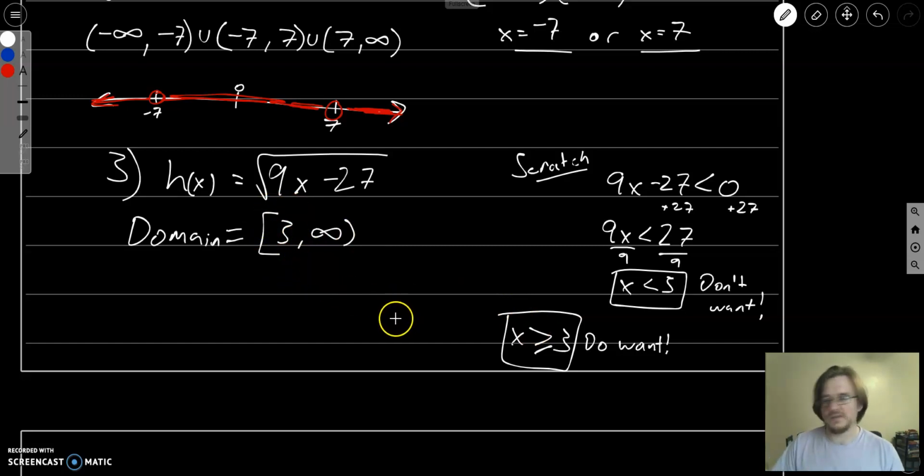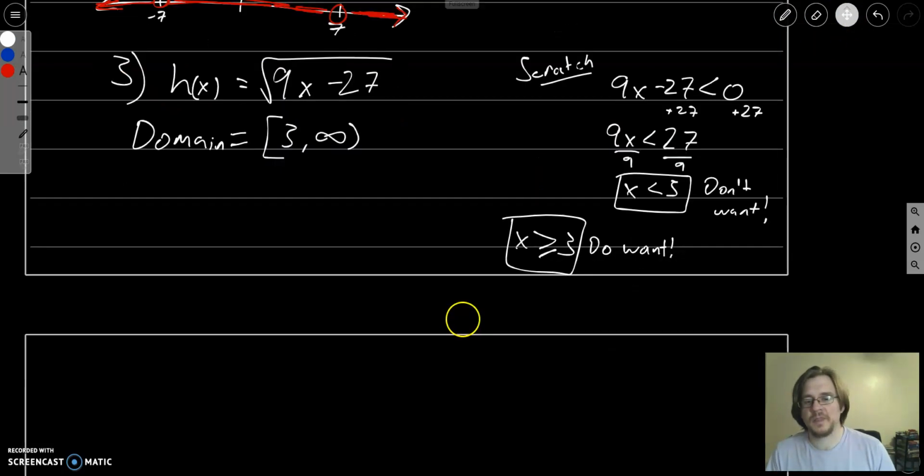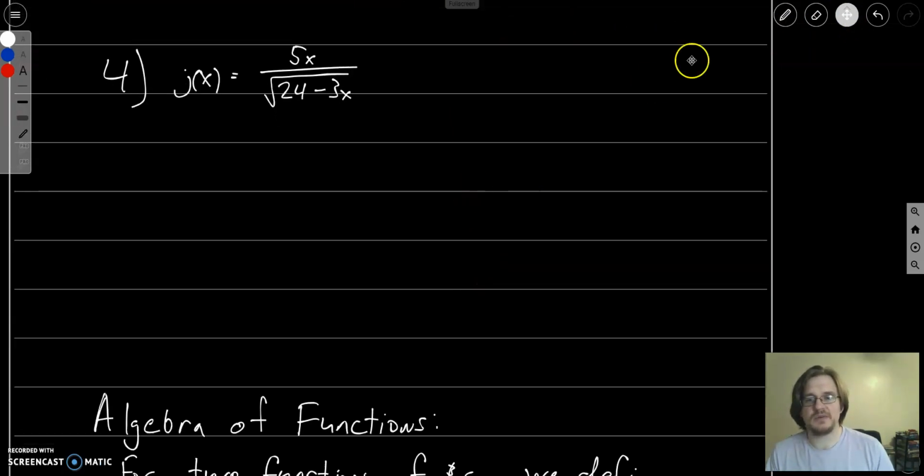I wrote a parenthesis first, which would not be correct. And again, why should I include 3? Well, if I plug 3 in here, I'll get 27 minus 27. I'll get the square root of 0. And that exists. That's just 0. This last example, again, so now I have a square root on the bottom of a fraction.